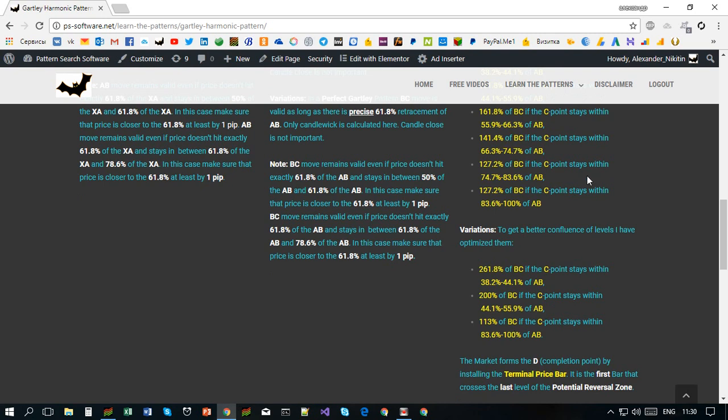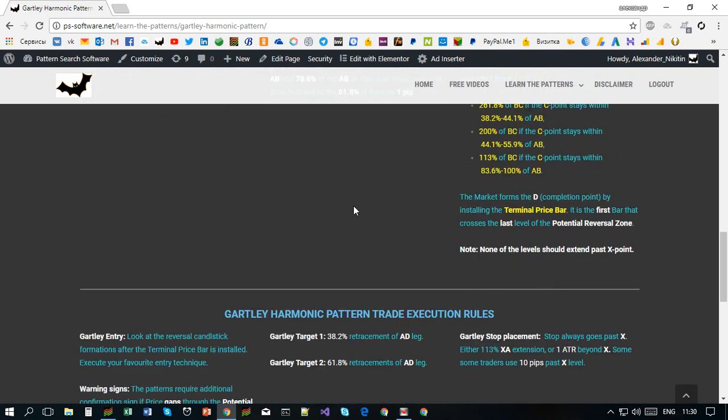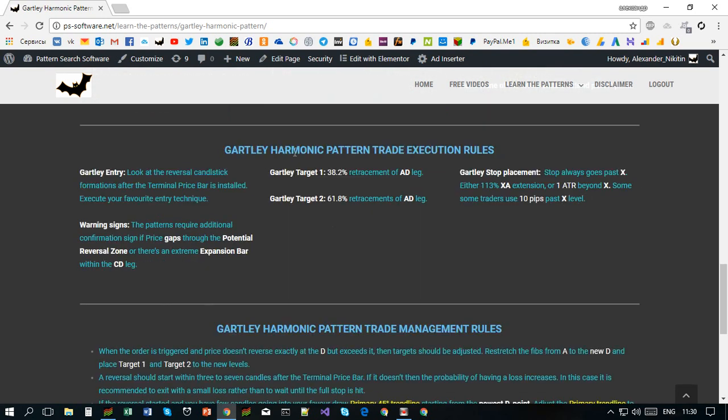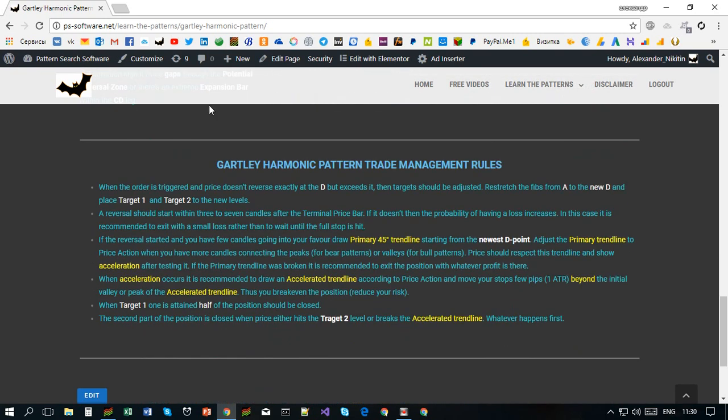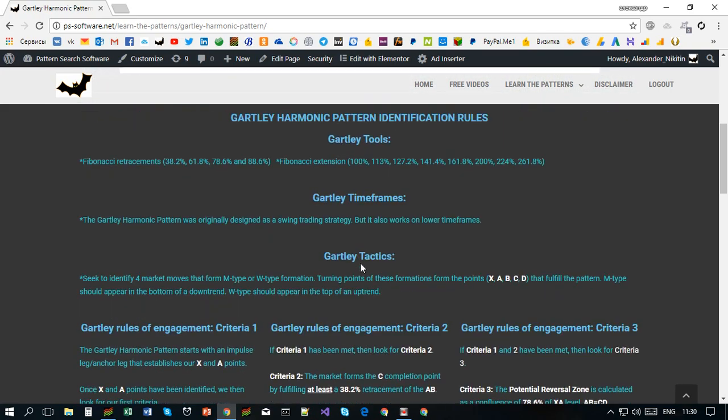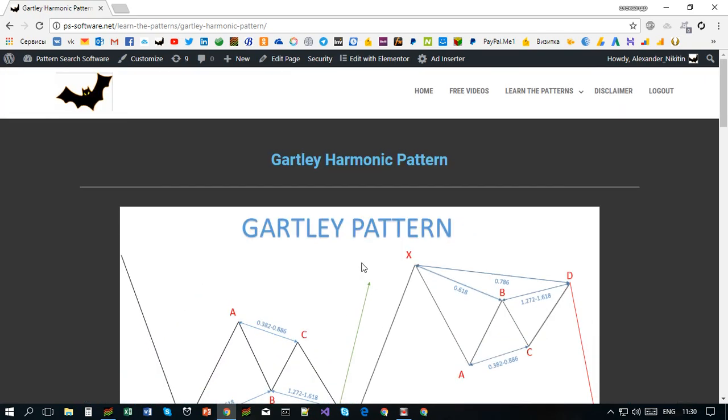You should keep them in mind. Then it will give you trade execution rules, what you need to do to execute the trade, and the trade management rules. So you first learn the rules to identify this pattern before you test it.